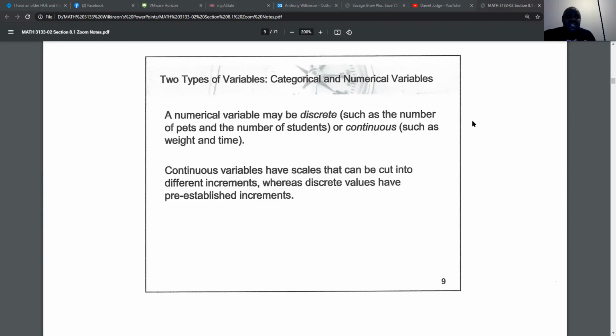Now, continuous is something that can be measured to a precise number. Like weight can be measured to a precise number. Also, time is measured.